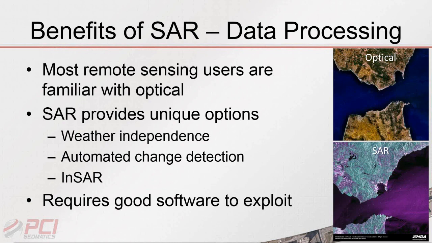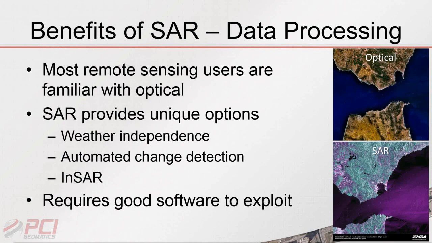And so if we look at the unique capabilities of SAR, we've got weather independence, we've got that ability to automate and do change detection, and we've got InSAR, which allows us to combine exact geometry repeats of a particular scene and be able to measure millimeter scale changes in the subsidence or the uplift on the surface of the Earth.